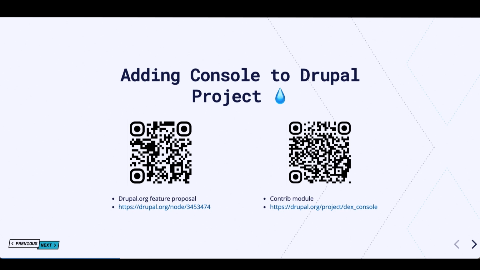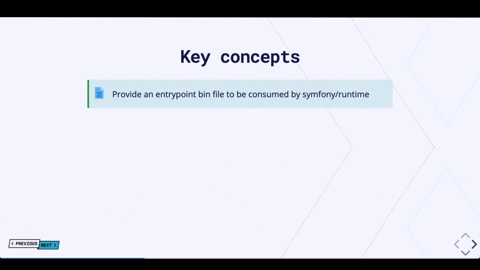So if you don't want to apply a patch to core, you can simply do composer require the module, and it will help you to get started with console commands. One thing we should be clear about here is that we should use either the patch from the core or the module.